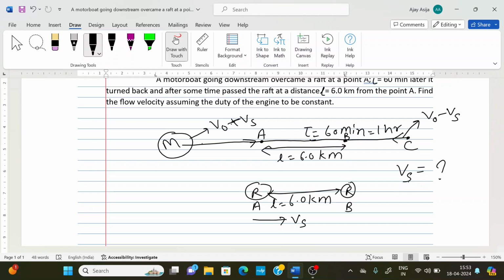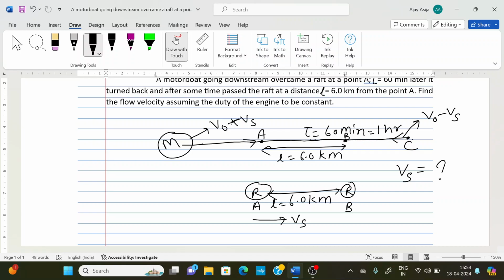Now to find Vs, we have to use the fact that the time taken by the motorboat in going from A to C and then back from C to B is the same as that taken by the raft in going from A to B. So we need to find the time taken by the raft from A to B, and the time taken by the motorboat from A to C and then back from C to B.